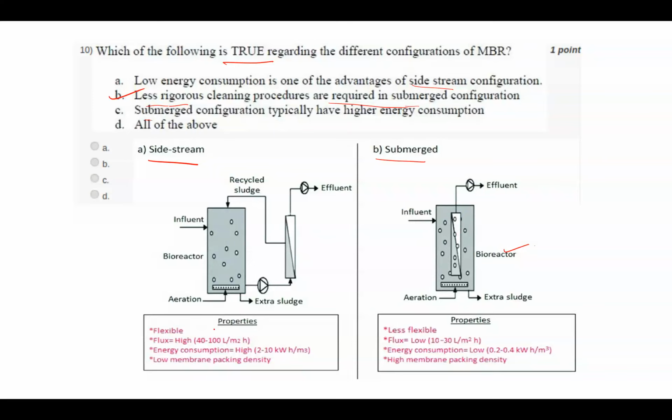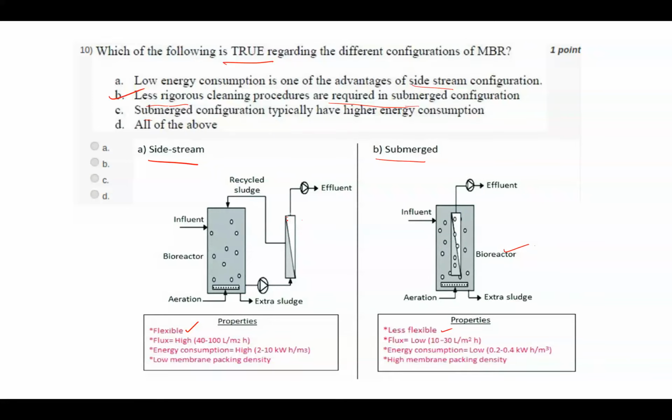But also you can see that for the side stream it is more flexible. Why is it flexible? And here it is less flexible. That is mainly because in the side stream the membrane is in a separate compartment, and in submerged it is inside.